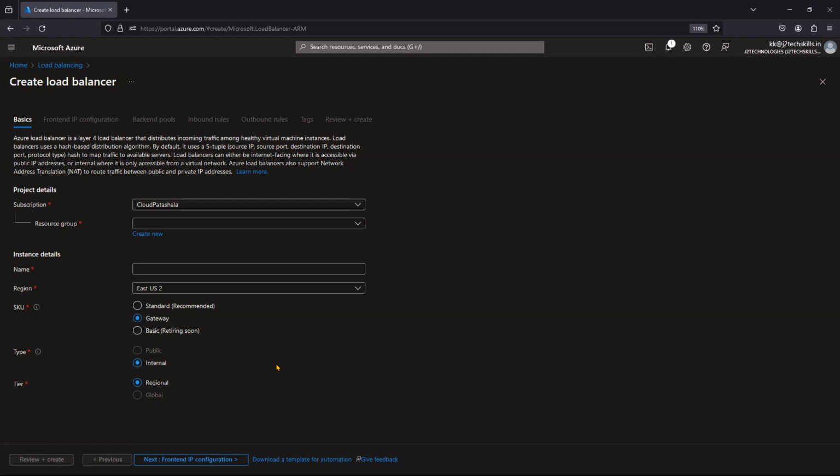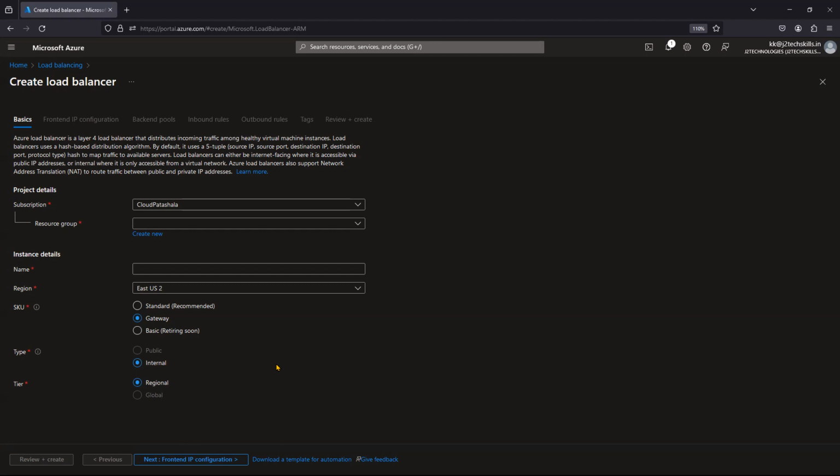The regional load balancer backend pool supports virtual machines or scale sets depending on the SKU type, but the global load balancer only supports regional load balancers in the backend. Again, the regional load balancer cannot be kept as a backend of the global one; the global load balancer backend pool holds regional load balancers, not any virtual machines. That is the way we can give the example or answer for that.